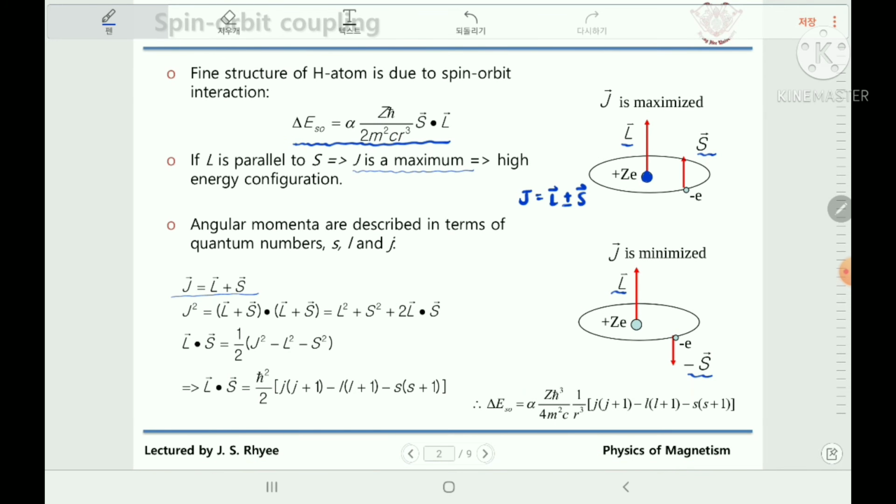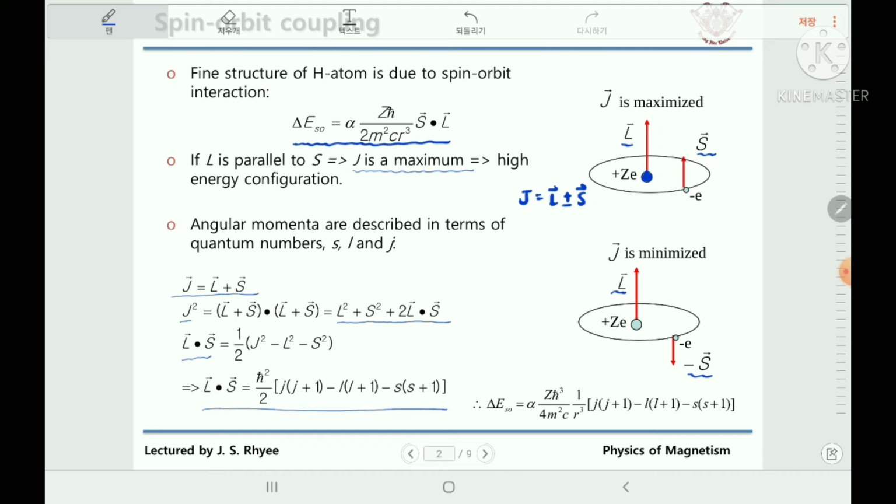When we square both sides, J squared is L squared plus S squared plus 2 L dot S. Therefore, L dot S is one half of J squared minus L squared minus S squared. From the quantum mechanical point of view, J squared, L squared, and S squared are quantized, and it can be written down like this.